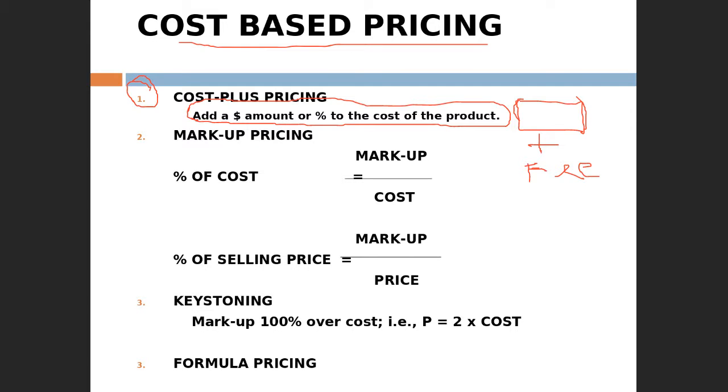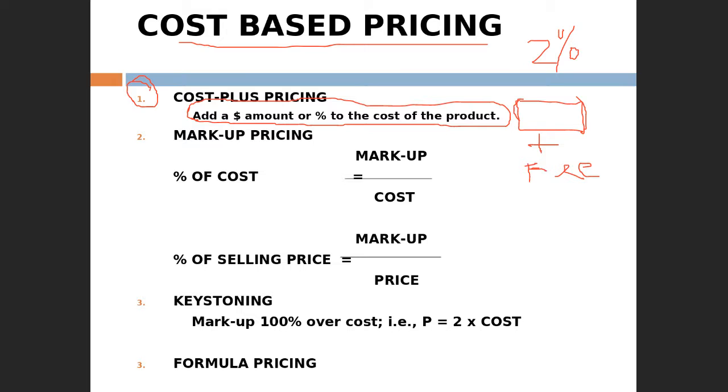So his was a cost plus pricing strategy. Sometimes, architects say you have to give me 2% of the cost of the house, for designing and consulting. So cost plus pricing is a pretty straightforward method: add a certain amount to the cost of the product.